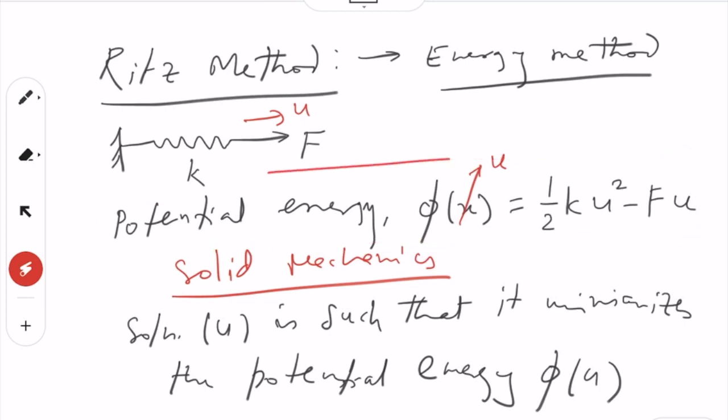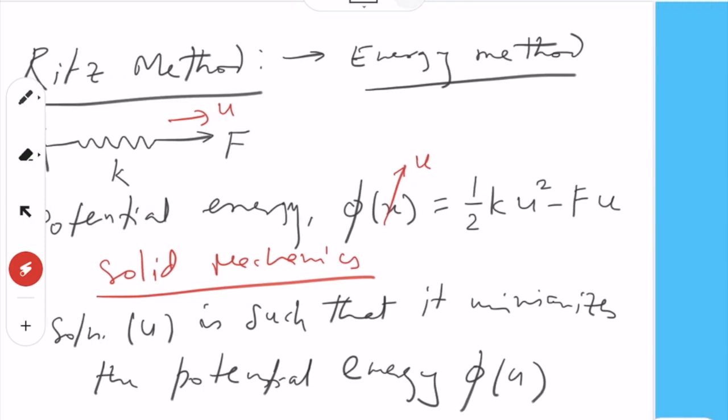We are not going there, that is not the course here. The idea is that the potential energy expression is given, and from there we have to solve it.